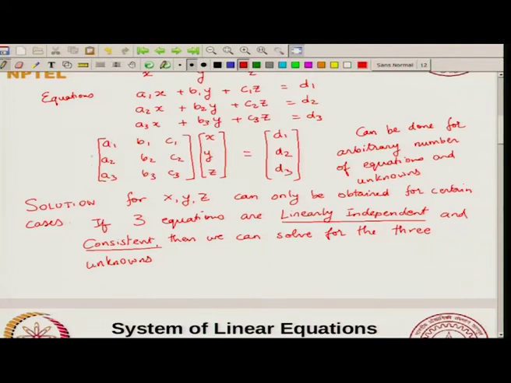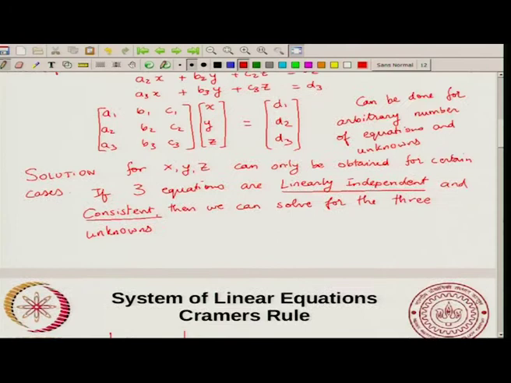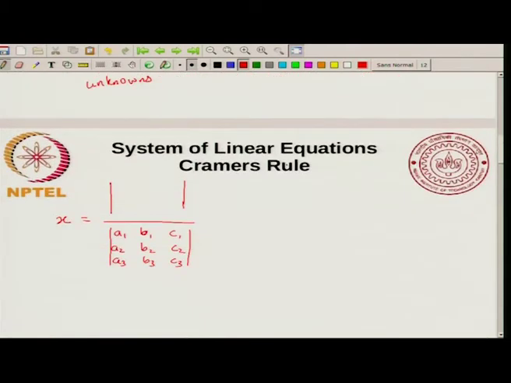Now, obviously the value of x should also depend on d1, d2, d3. So, the numerator looks like d1 b1 c1, d2 b2 c2, d3 b3 c3.